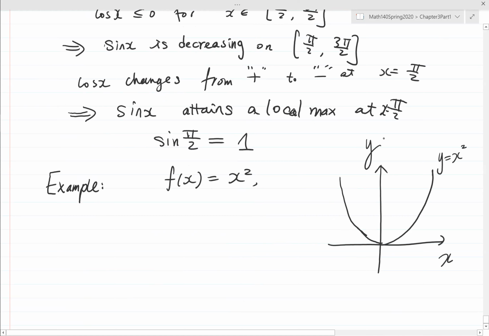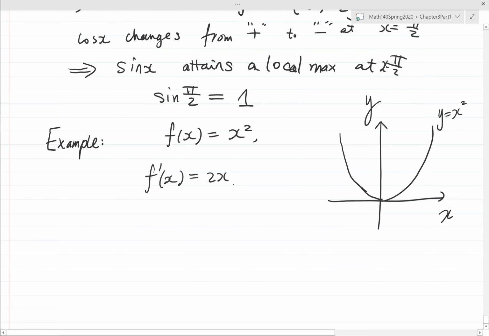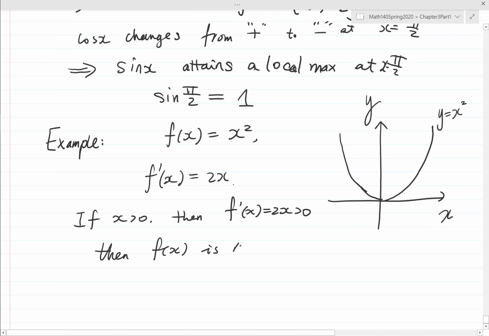Now you see, f derivative is 2x. Now, if x is positive, then f derivative, twice x, is also positive. Then by the increasing decreasing test, f derivative is positive, then f(x) is increasing. From 0 to infinity, the graph is indeed increasing.